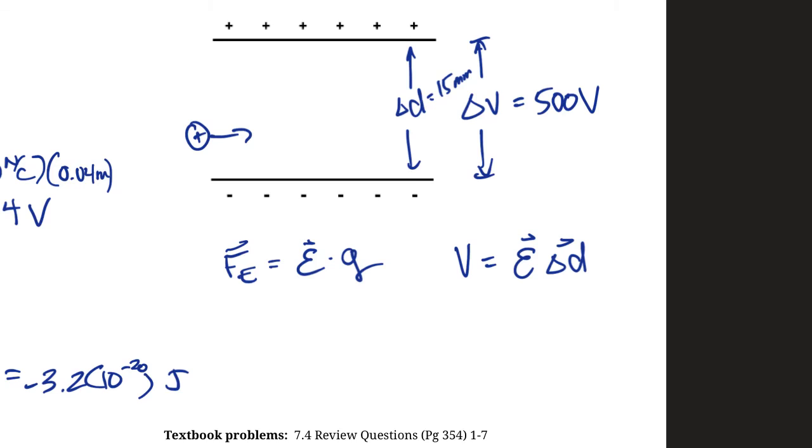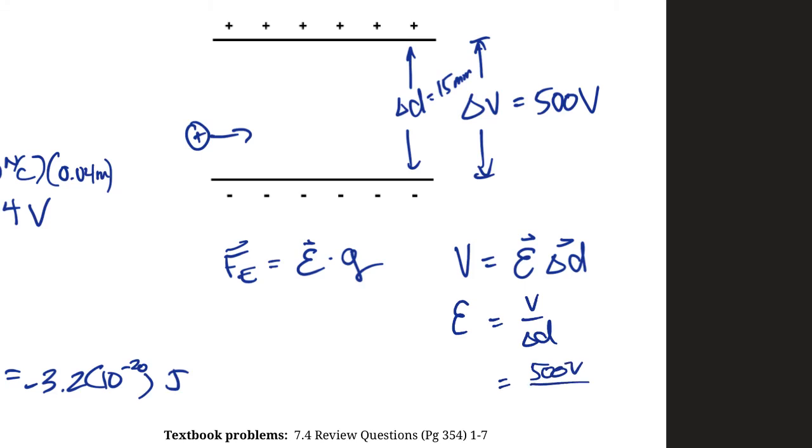So if we know the electric potential difference between the 2 plates and we know the distance between the 2 plates, we can easily calculate the field strength, right? The field strength in this case is just going to be the electric potential over the distance between them. So it's just going to be 500 volts over 15 millimeters.